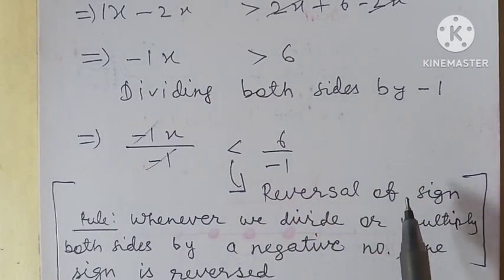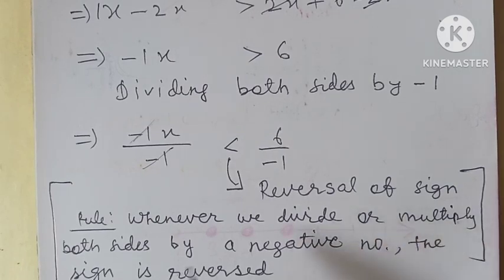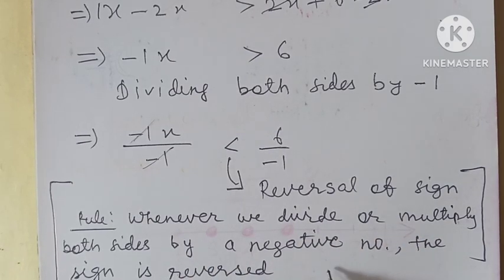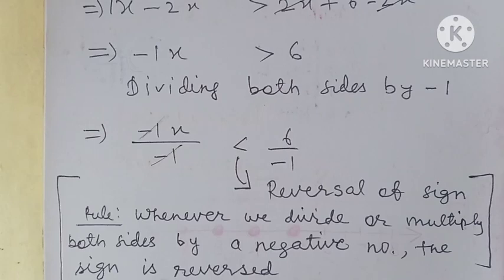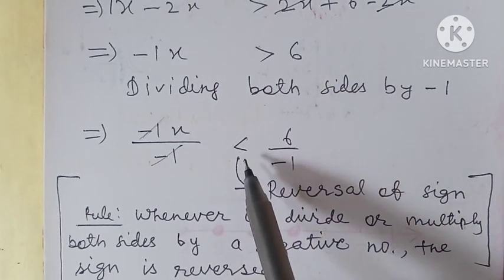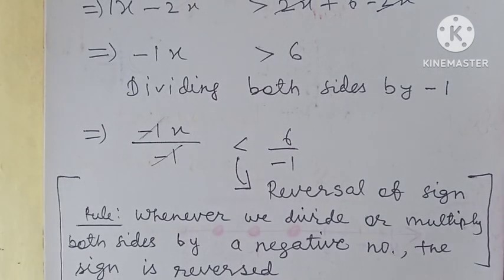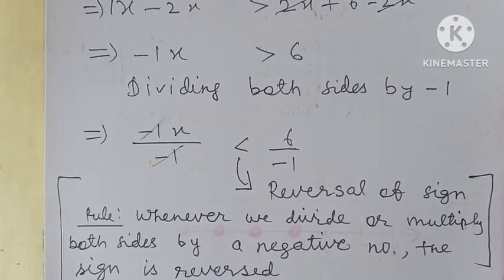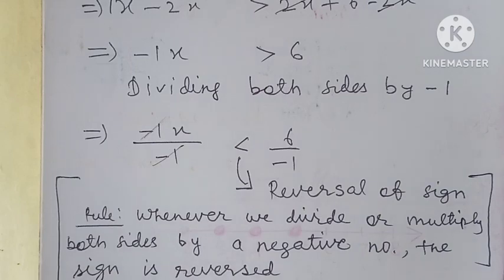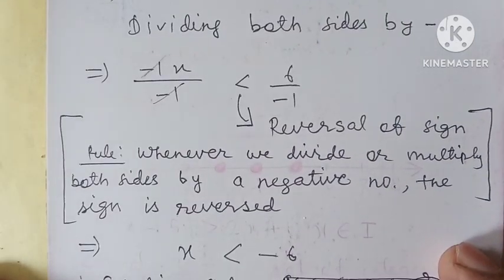Here the sign will be reversed. The rule behind it is whenever we divide or multiply both sides by a negative number, the sign is reversed. You must remember that the sign will be reversed if we divide both sides by a negative number. So x is less than -6.